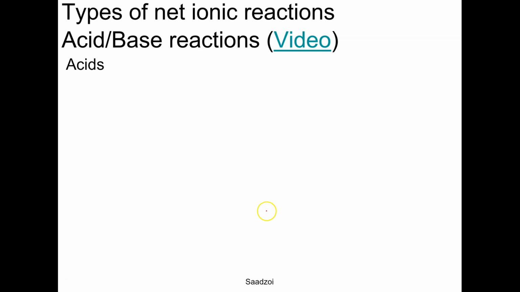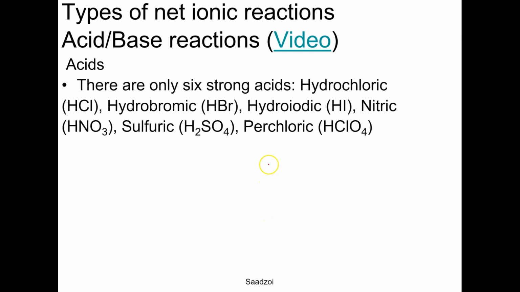Types of ionic equations, you have acid-base reactions. You do need to memorize all these strong acids, so I suggest doing it quickly. These are all your strong acids. There are only 1, 2, 3, 4, 5, 6 of them, and you want to memorize them as quickly as possible because everything else is weak. So if you know your strong acids, you also know all your weak acids.